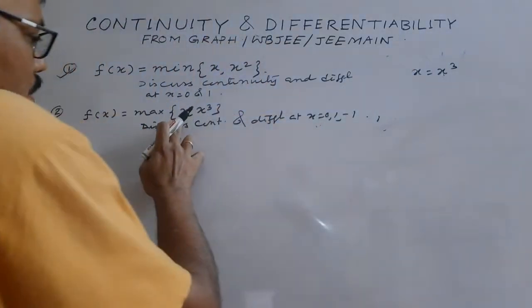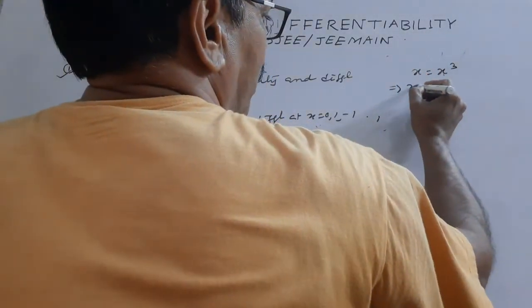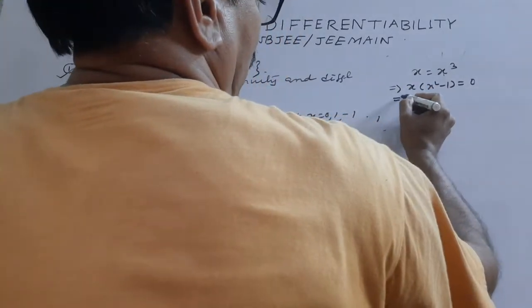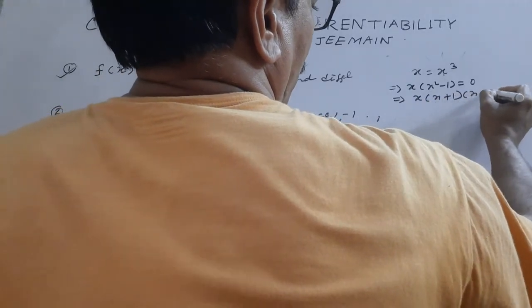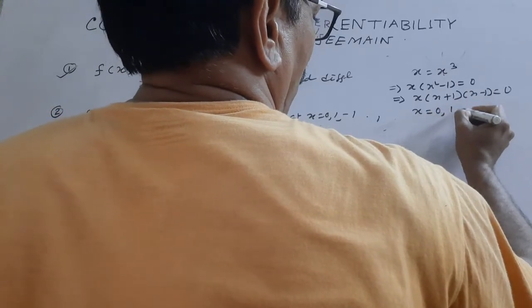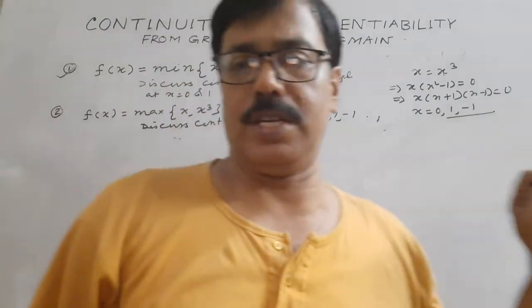So y equals x, y equals x cube. So we find the points of intersection of the graphs. So we are noticing that 0, 1 and minus 1. So 3 points of intersection.